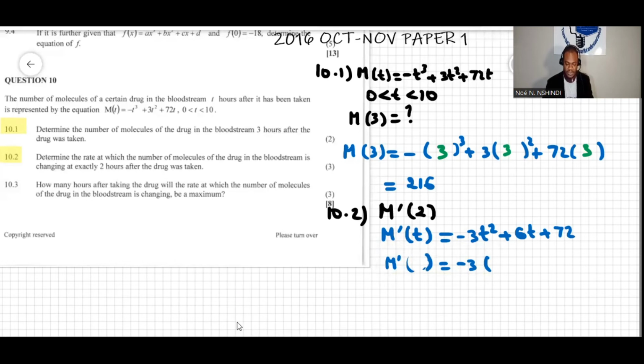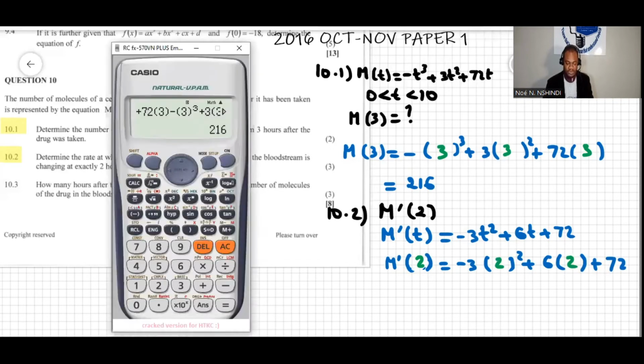So we sub in 2 wherever we see t. So it's going to be negative 3t squared plus 6t plus 72, and we sub in 2 and 2.